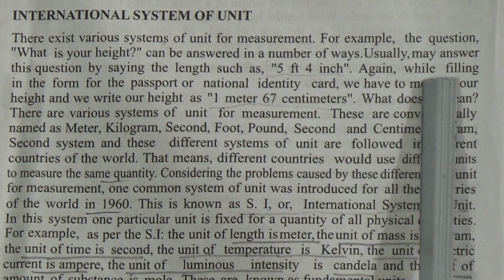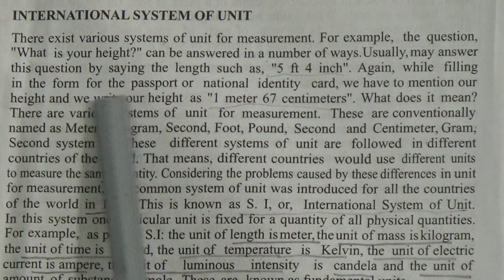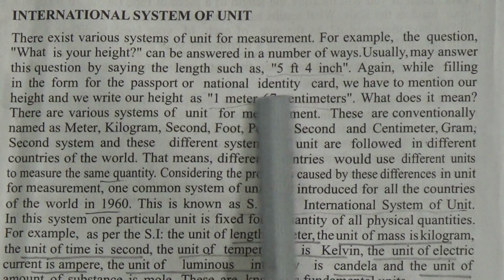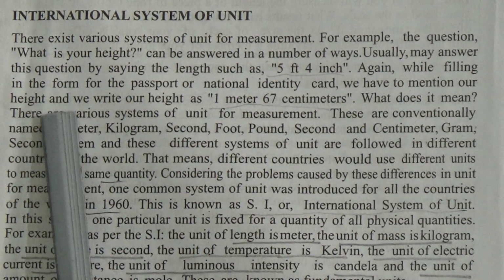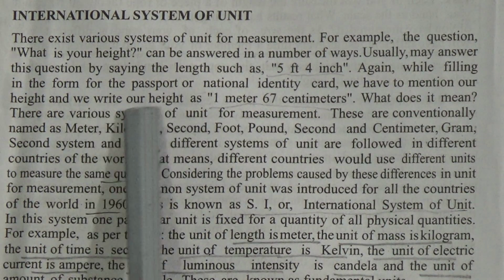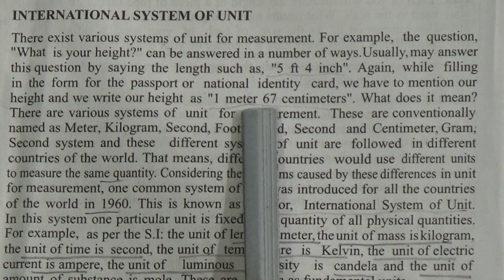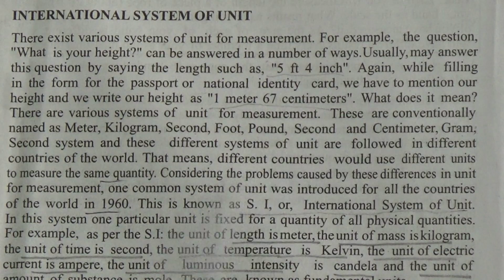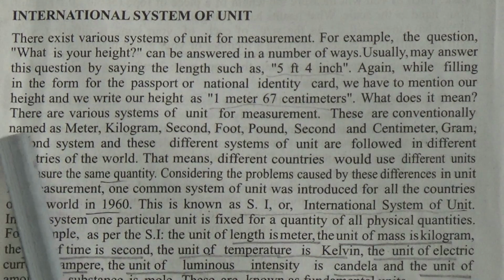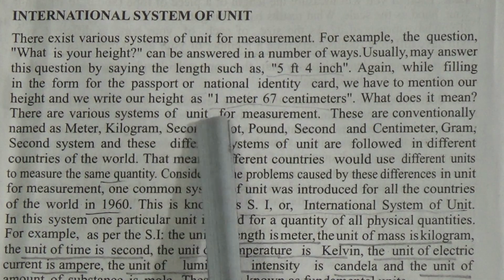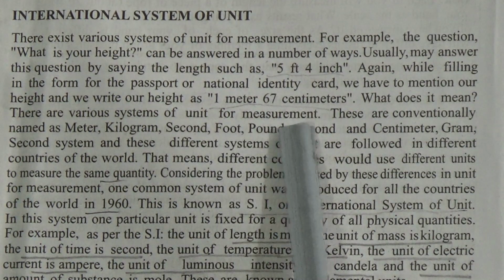Again, while filling in the form of the passport or national identity card, we have to mention our height, and we write our height as 1 meter 67 centimeters. What does it mean? There are various systems of unit for measurement.